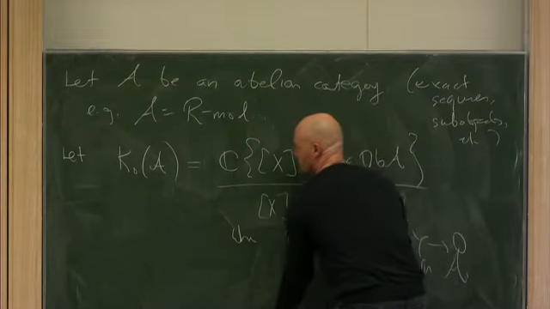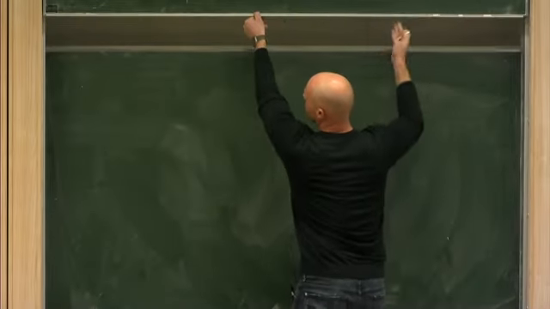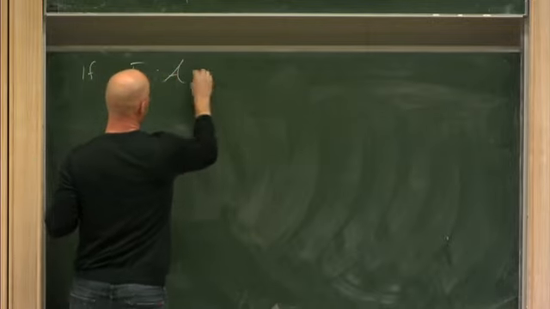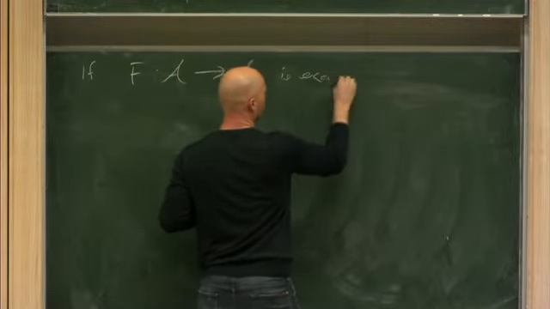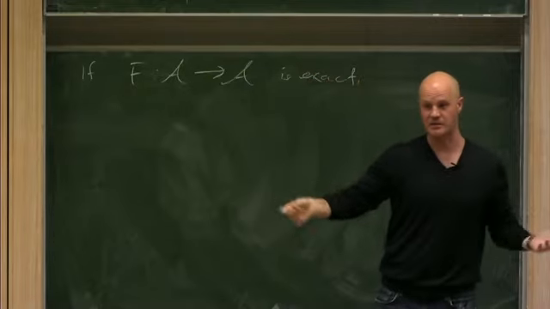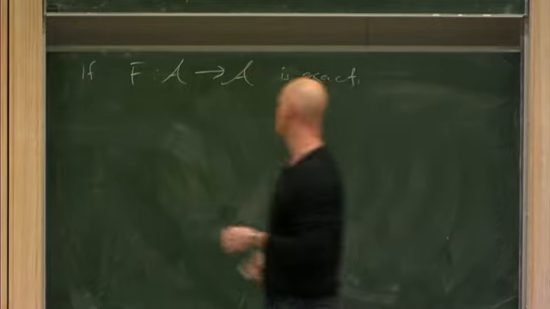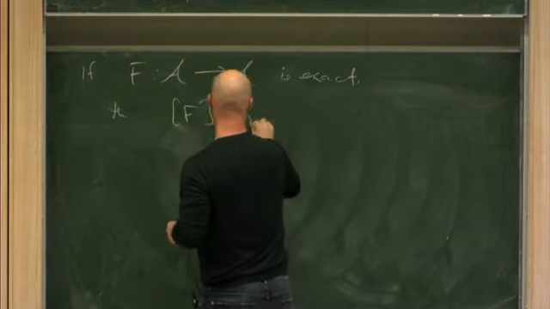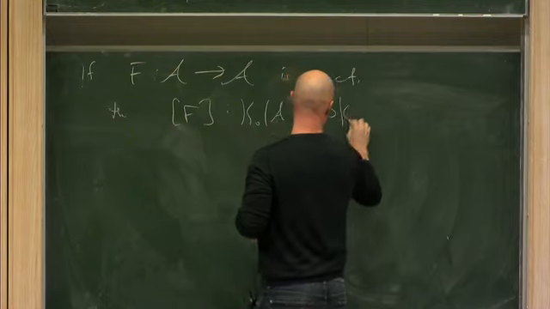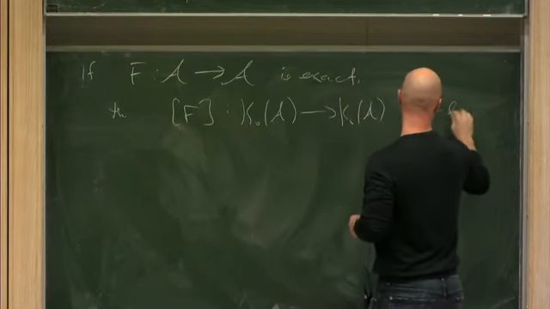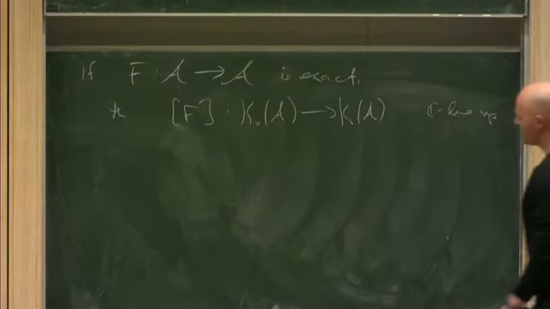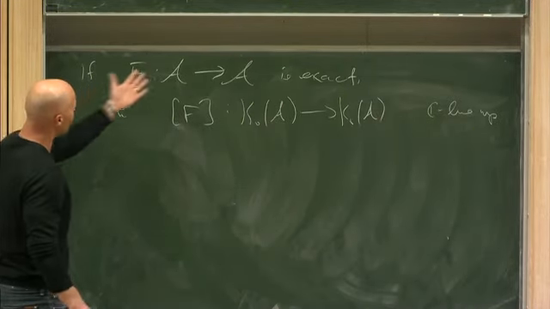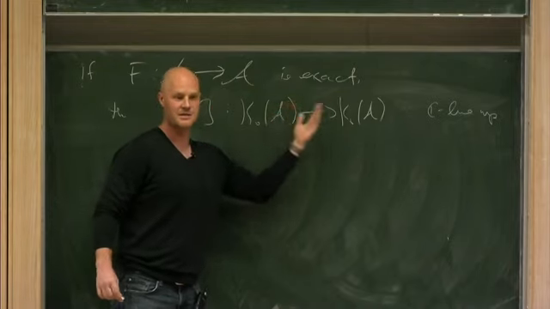So if F is an exact functor, exact just means it takes short exact sequences to short exact sequences, then F induces a C-linear map on the Grothendieck group. Now, one thing you can ask is what kind of linear maps can you get if F is invertible?